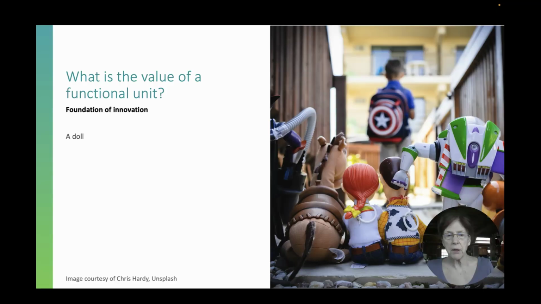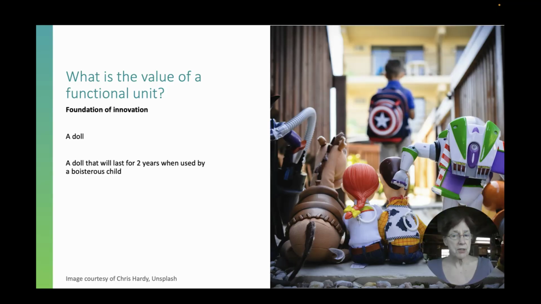So what could be a functional unit? Well, it could be a doll, right? But you can make all kinds of dolls and maybe they're not very good. What about a doll that will last for 2 years when used by a boisterous child? That's one that's kind of interesting, huh? Now we've got something that's got to be a bit robust. It's going to be a little more fun for the kid because it's not going to fall apart right away.